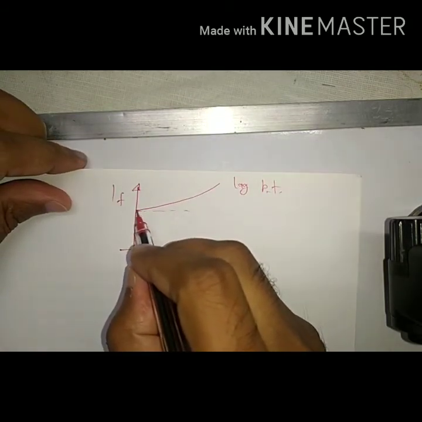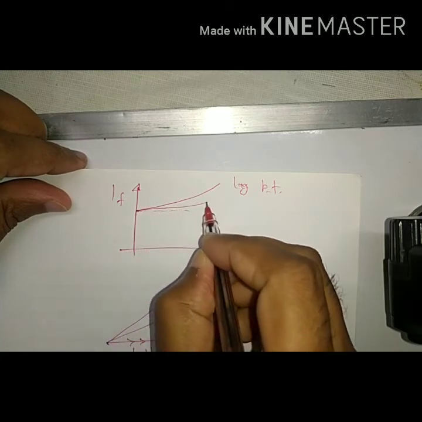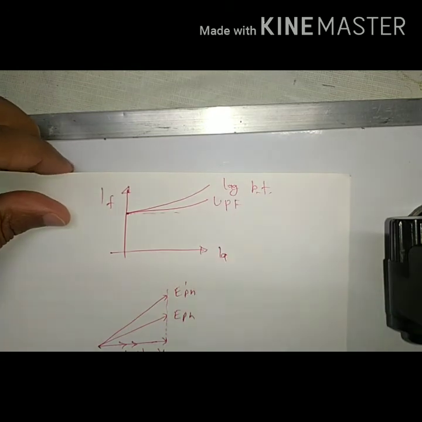If I draw the compounding curve here, it will be like this. So this is for unity power factor.